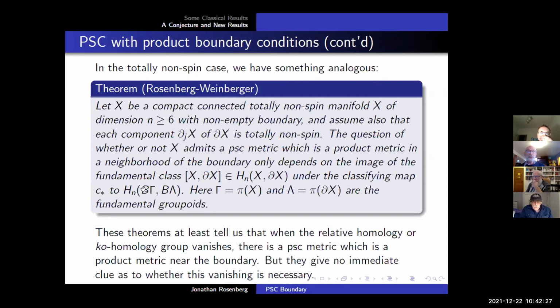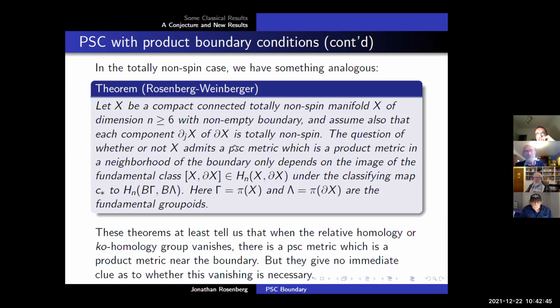So if gamma and lambda have low homological dimension, then when you get up to dimension n, which is the actual dimension of the manifold, then this homology group will be 0. So then there's nothing to prove. So that's the main idea.